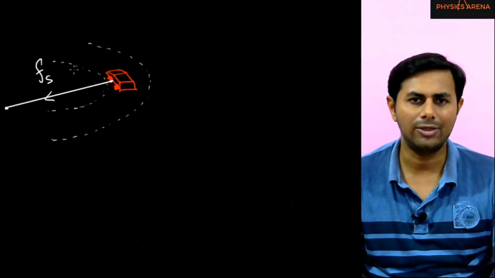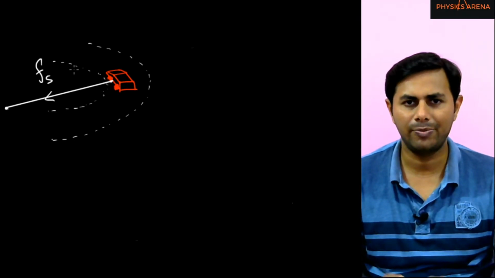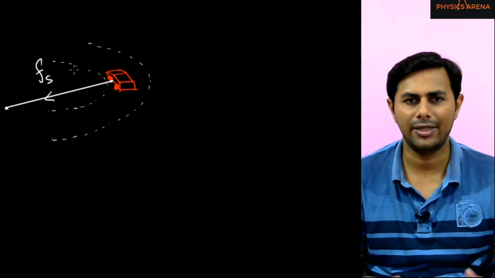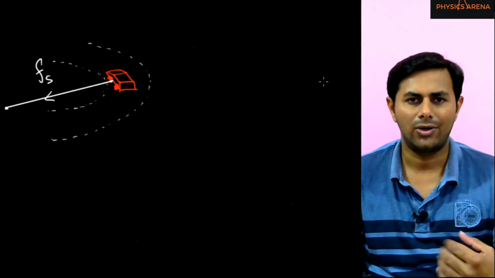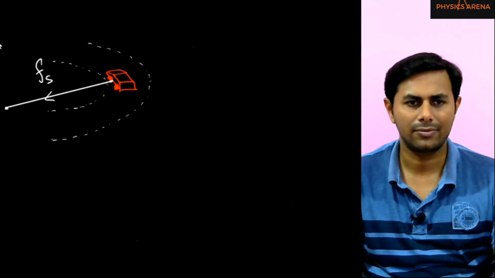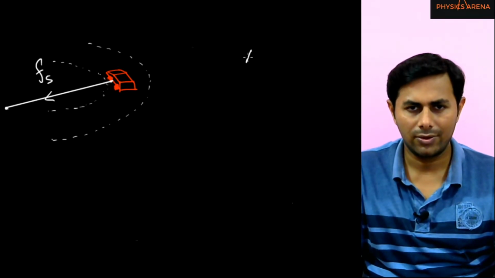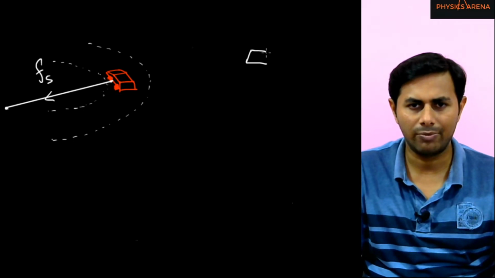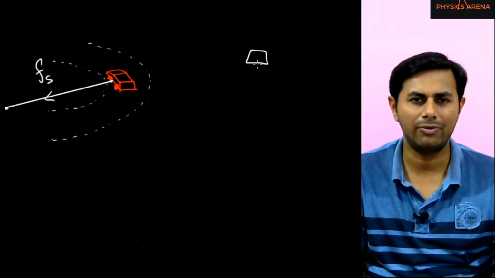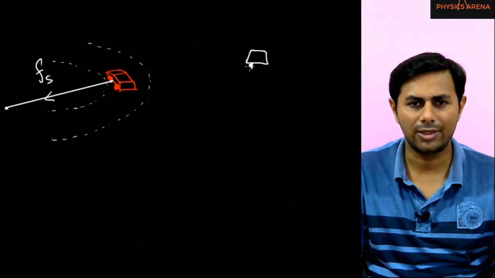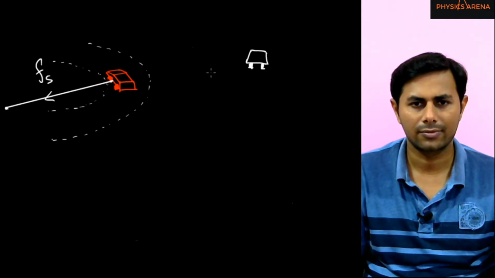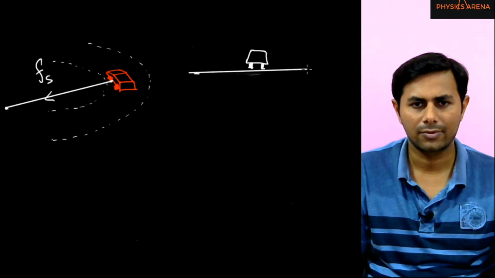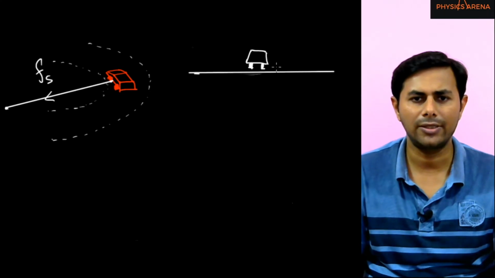Now let's try to find out the maximum speed with which this car can take a safe turn. For that, let's draw all the forces acting on the car. What I am drawing now is the back view of the car. So let's suppose the car looks like this when viewed from the back side. This is the road surface.